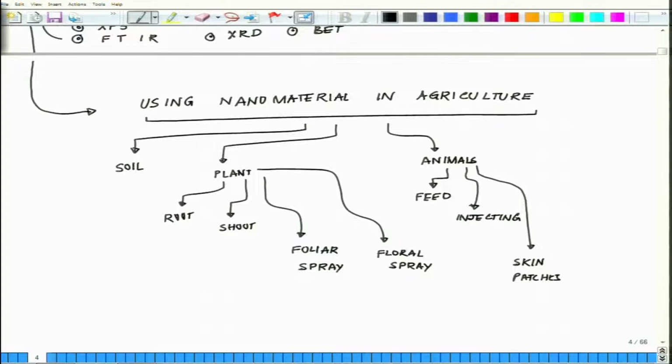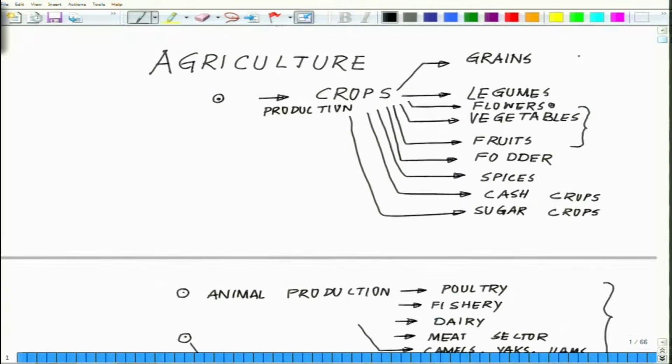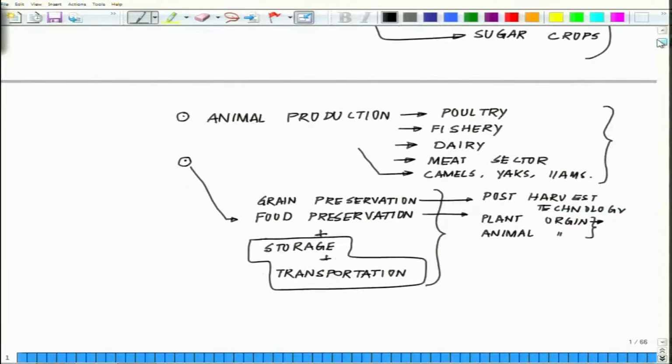Now, in terms of using nanomaterials in agriculture, when you talk about the post-harvest technology, if you follow me, just a little, so this part. So we talked about where you are using. So this is where I was trying to explain at what level you are using it in terms of animal production, how you are introducing it.